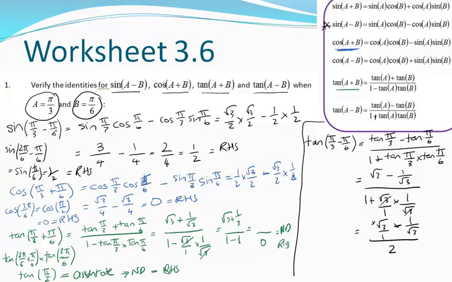So we're going to multiply both by root 3 over root 3. So we're going to end up here, root 3 times root 3 is 3 on root 3, minus 1 on root 3, divided by 2, becomes 3 minus 1 is 2 on root 3, divided by 2.